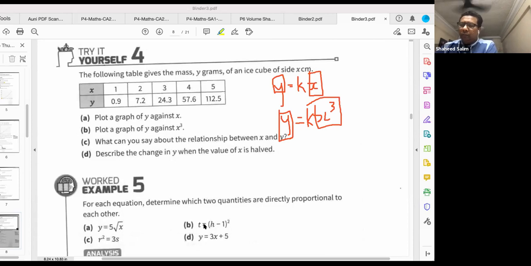Your clue is always to make it in this format. Make it in this format. Then you will know what are the two quantities.